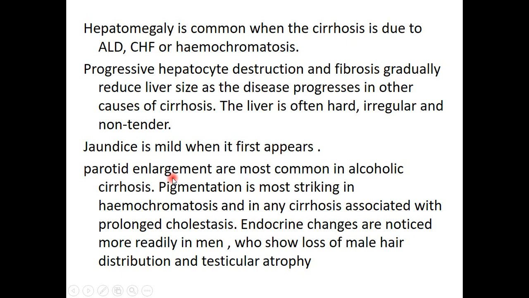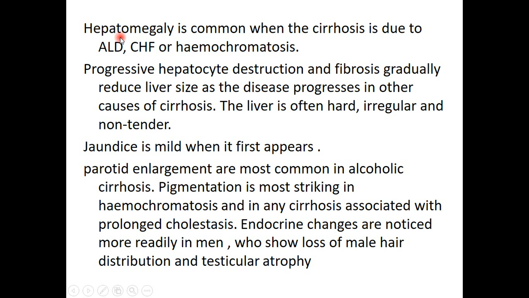As we said, the liver is usually small and shrunken in chronic liver disease and liver cirrhosis. But we have some conditions, for example alcoholic liver disease, congestive liver disease or hemochromatosis, where we see hepatomegaly with liver cirrhosis.